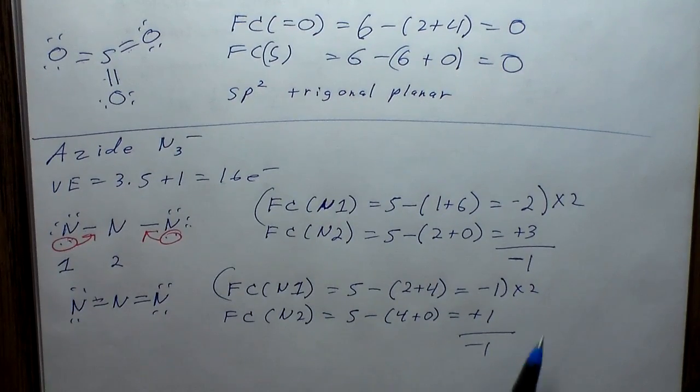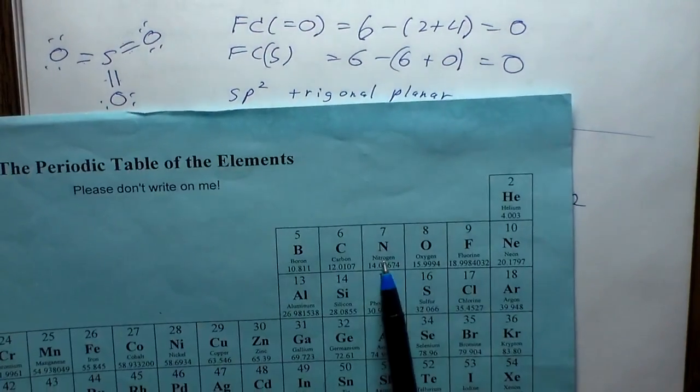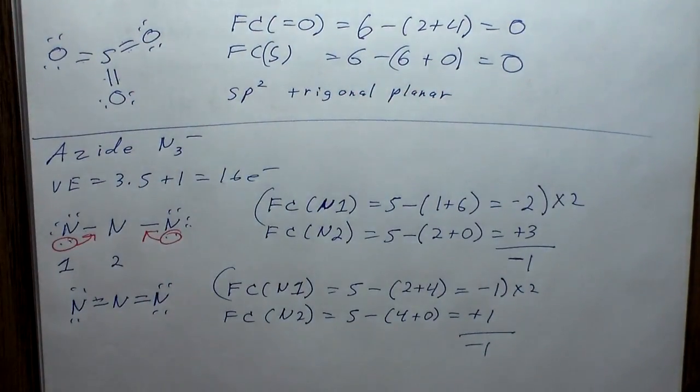Now, I can't really move any more around to make this any better, because remember, my nitrogen can only take a total of 8 electrons, because it's in this top row, so there's no expanded octets or anything for these atoms over here. So because of this, this is basically as good as I can do. My formal charges are never going to get to 0. It's just simply not possible, but this is what my molecular anion will look like.